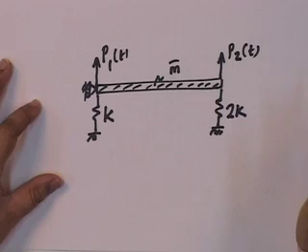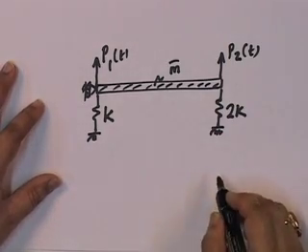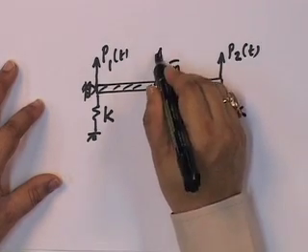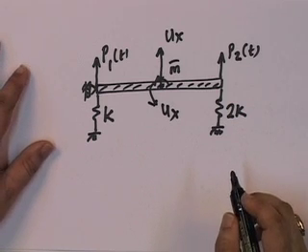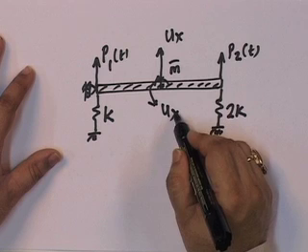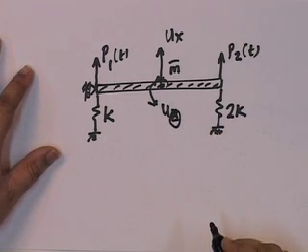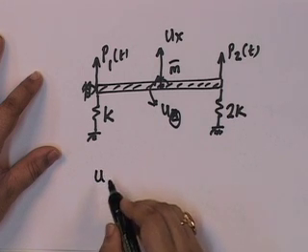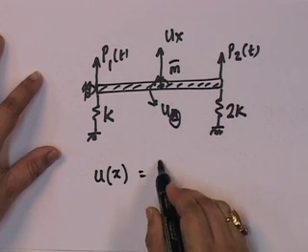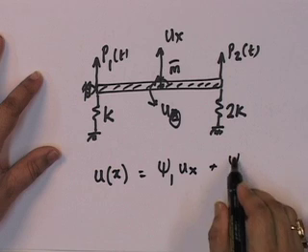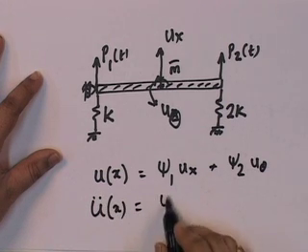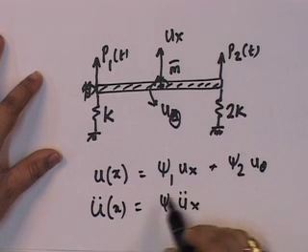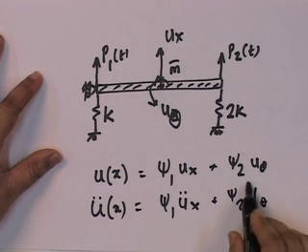If I give it an arbitrary displacement, and I still define my degrees of freedom at the geometric center as u x and u theta, then any arbitrary displacement at any particular point can be written as xi 1 u x plus xi 2 u theta, and similarly for the velocity and acceleration. Since the xi, the shape functions, are not functions of time, it becomes this way.